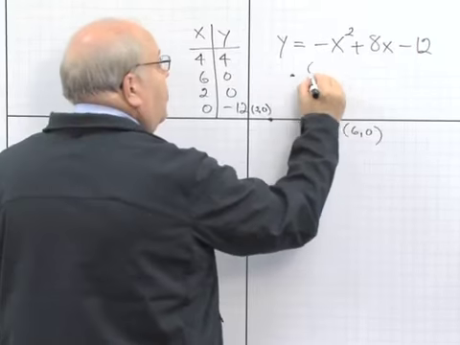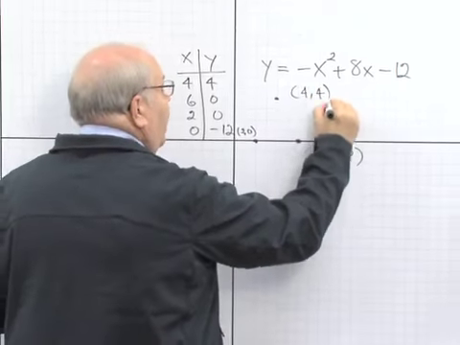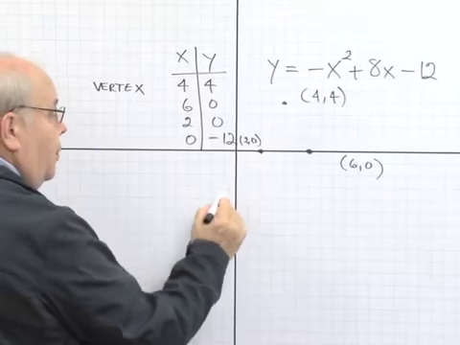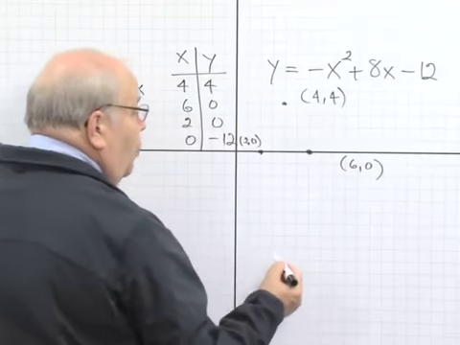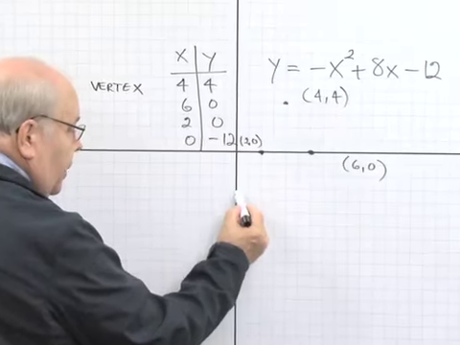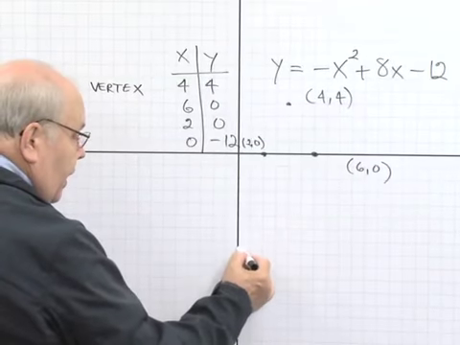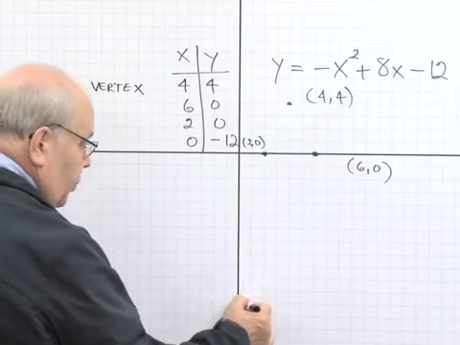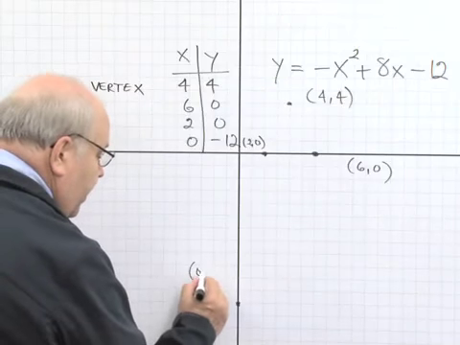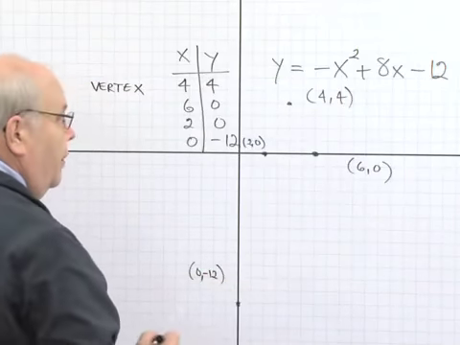We have this key point, the vertex, 4, 4, and we know along the y-axis it crosses at 0, minus 12, so the y-intercept is at negative 12. We count down 1, 2, 3, 4, 5, 6, 8, 9, 10, 11, 12. Way down here is the y-intercept, 0, minus 12.